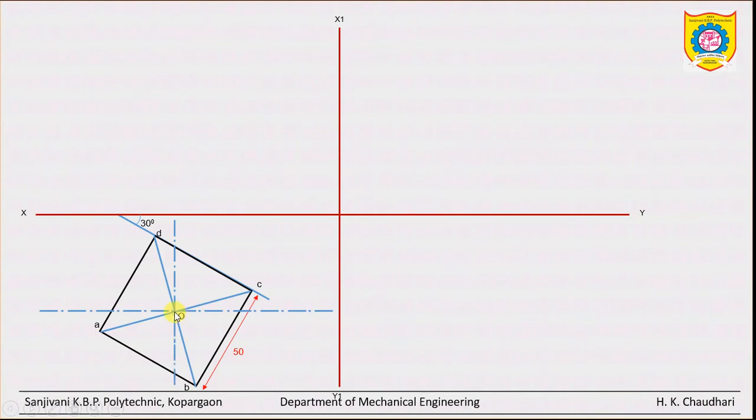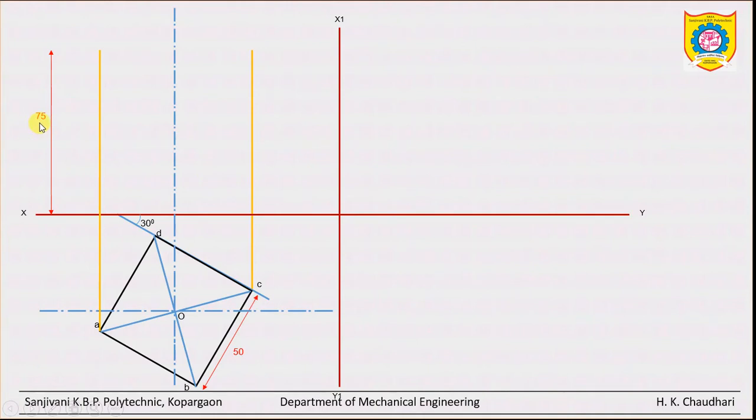Now extend this axis in the front view, and after drawing the projection from each corner, these projections become the edges in the front view.